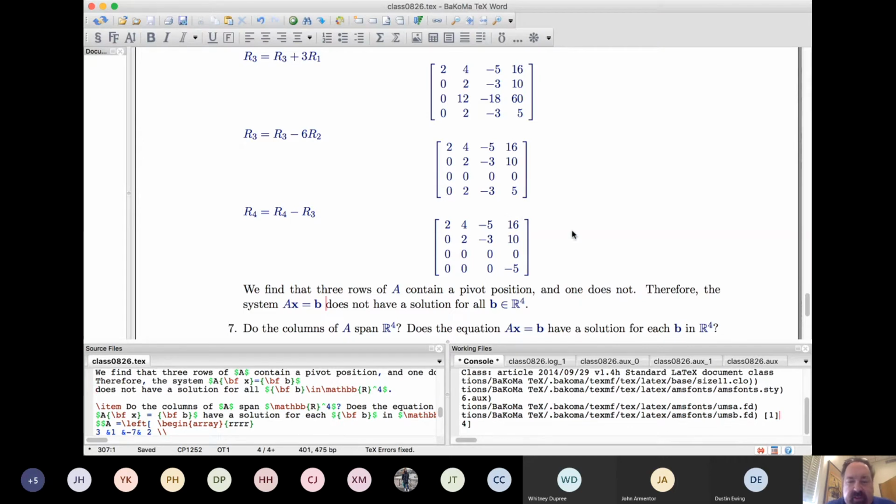So although there's not a solution for every possible B, if I do have a B for which there is a solution, there's one free variable. That's this one, x3. Whichever column does not have a pivot position, that's a free variable. So x1, x2, x4, those are our pivot variables.